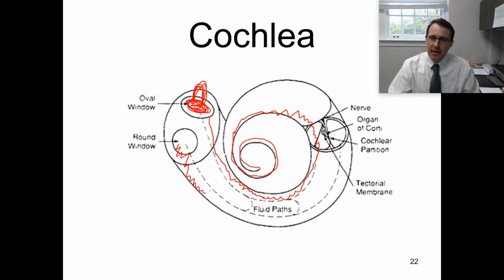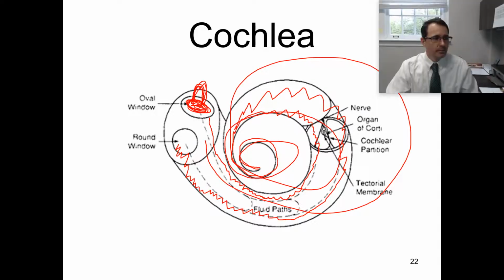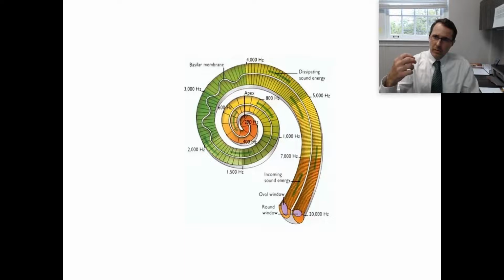And the scala tympani also runs the length of the cochlea. And the cochlea is this spiral snail shell looking thing, right? So if you unfurled the cochlea, you would see the oval window right here opening into the scala vestibuli. And then there would be the round window that opens into the scala tympani.